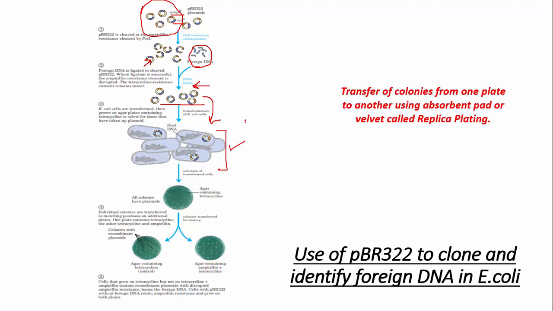First one is the chemical method where we use magnesium chloride and calcium chloride, and second one is electroporation. Through these two methods we transform our host cells with these recombinant plasmids. So next comes how we select our transformant cells.